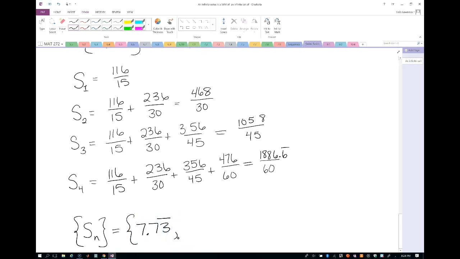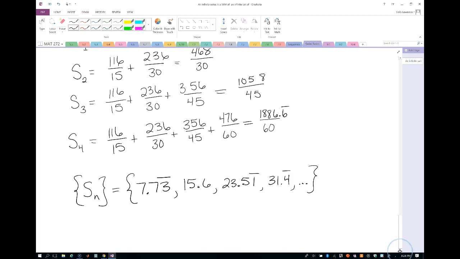And then 468 divided by 30 is 15.6. 1058 divided by 45 is 23.51 repeating. And then if we figure out the exact value of that last fraction, it's 31.4 repeating.